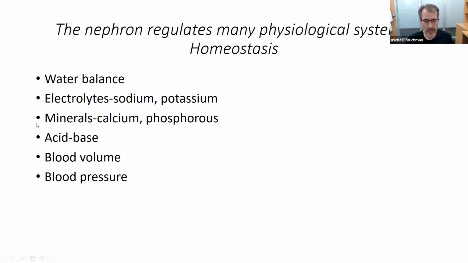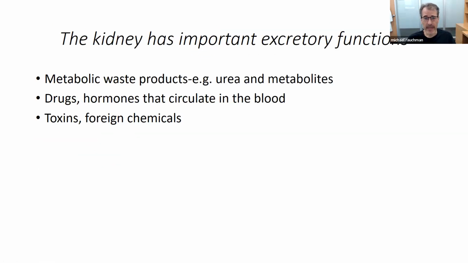The volume of our blood is regulated by the kidney, and the kidney is probably the most central organ in regulating blood pressure, and many kidney diseases lead to elevated blood pressure or hypertension. So the kidney has these important excretory functions. As I alluded to, there are a lot of metabolic waste products that get generated in addition to the acid as a consequence of just normal metabolism for eating and generating energy in the body.